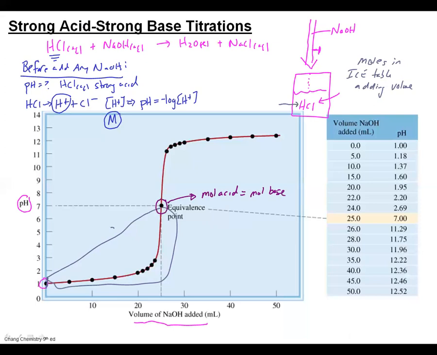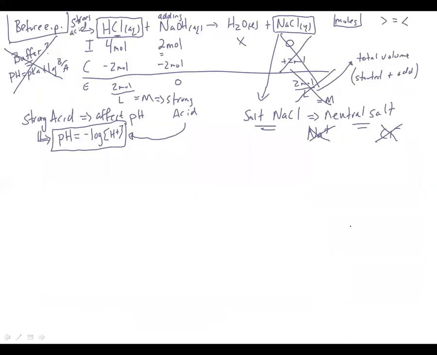So when we hit the equivalence point, let's take a look at a calculation to kind of determine what we would expect to happen. So we're going to take our same guys here. And we're going to talk about what happens at the equivalence point.